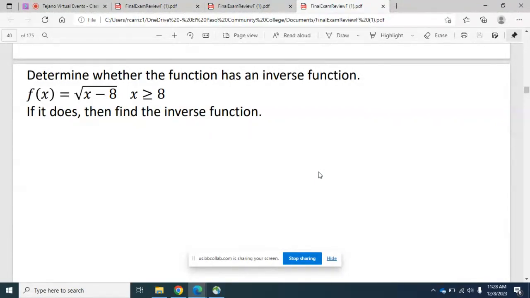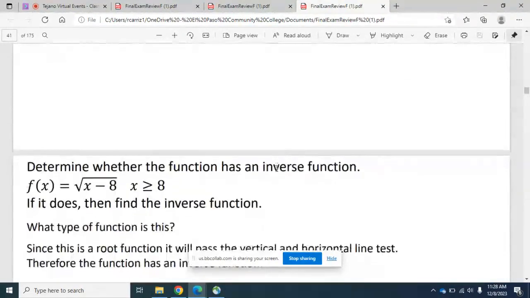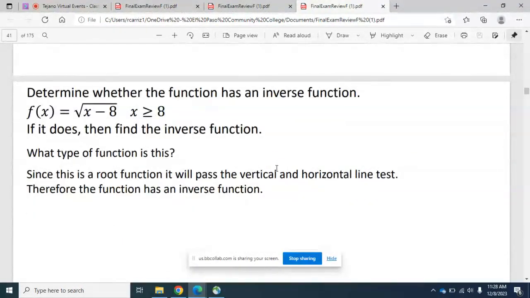Now on this one here, since we don't have the graph, we want to find if it has an inverse. First we need to say to ourselves, what type of function is this? So this function here is a root function, right? So it will pass my vertical and a horizontal line test, right?